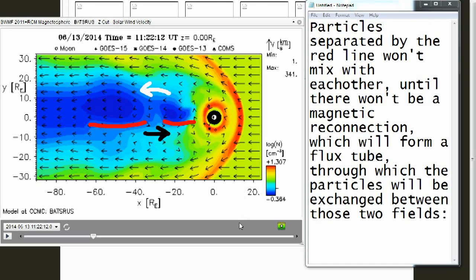Particles separated by the red line won't mix with each other until there will be a magnetic reconnection, which will form a flux tube through which the particles will be exchanged between those two fields.